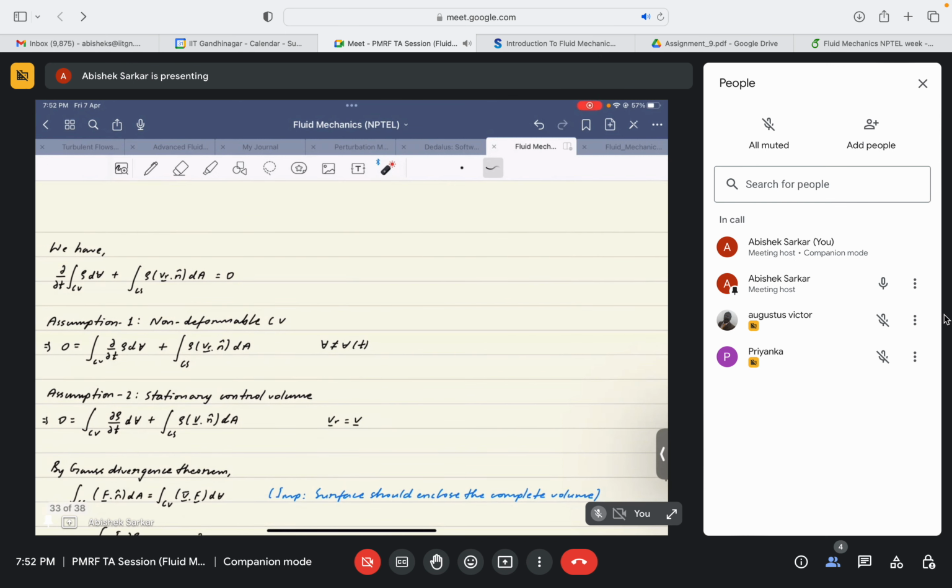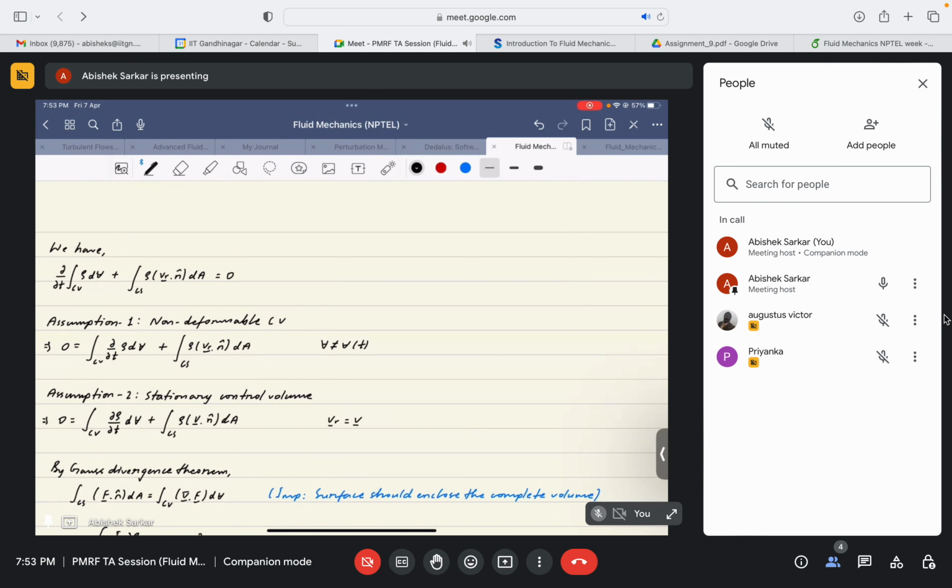So now we take some certain assumptions. Please focus on it. If you have any doubt, you can ask me. The first assumption they have taken is a non-deformable control volume. They have assumed that the control volume that we are considering does not change. In the previous case the control volume was deformable, and that's why V was a function of time.